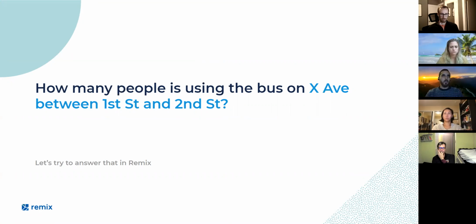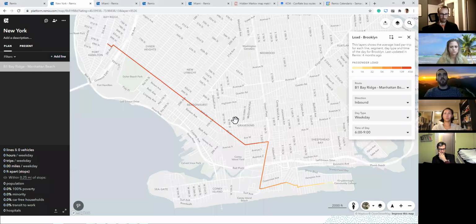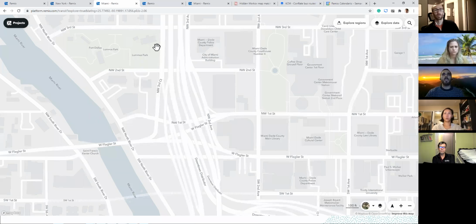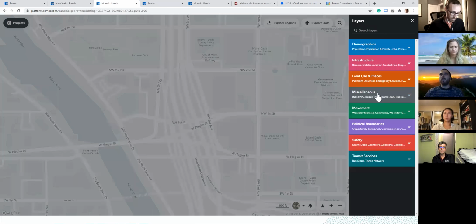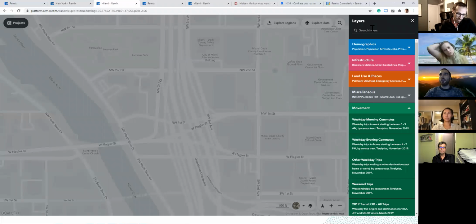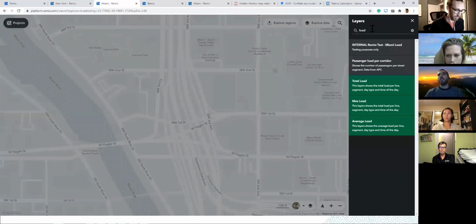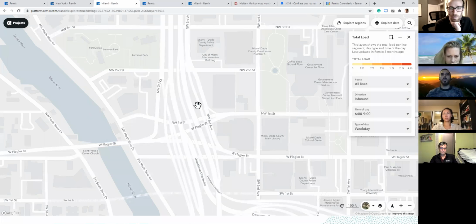So to see how this is a hard thing to do with the visualization that I have right now, I'm going to go to Miami, to a particular place. And I'm going to show you the equivalent layer that I had in Brooklyn.